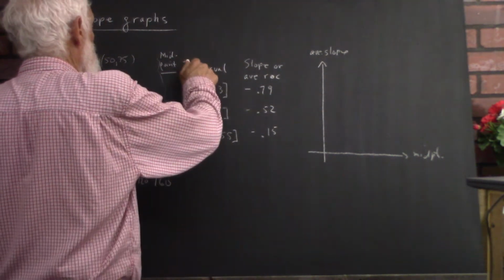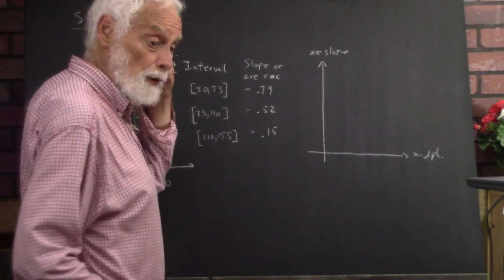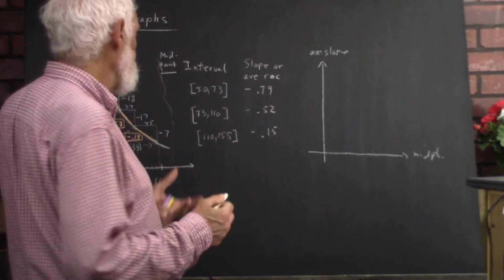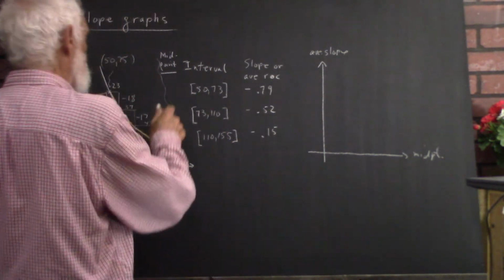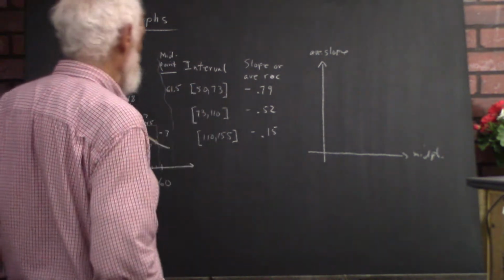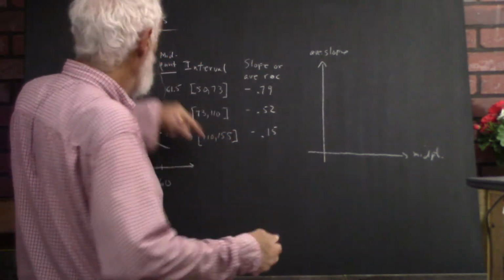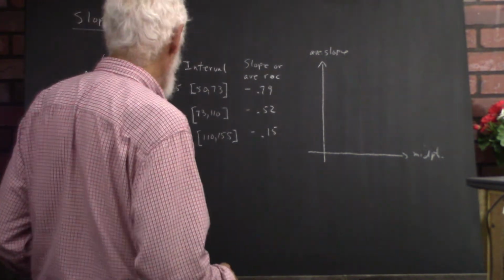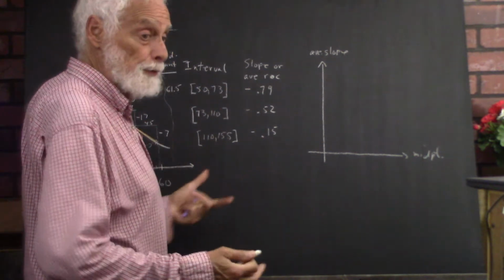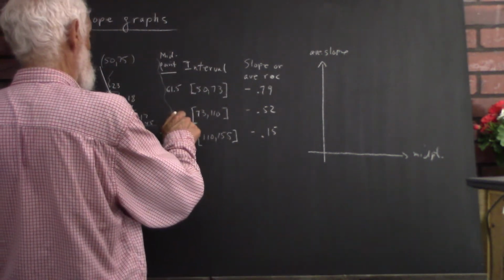Well, the midpoint between 50 and 73, two ways to do it. The difference is 23, half of that's 11.5, so the midpoint would be 61.5. Alternatively, add 50 and 73, you get 123, divide that by 2, again you get 61.5.